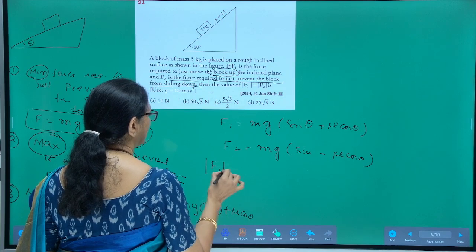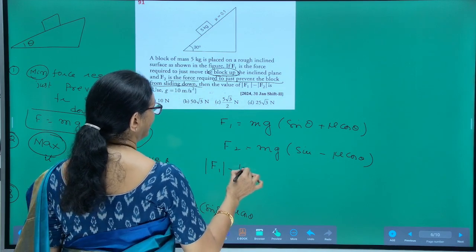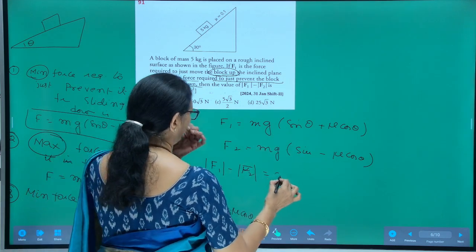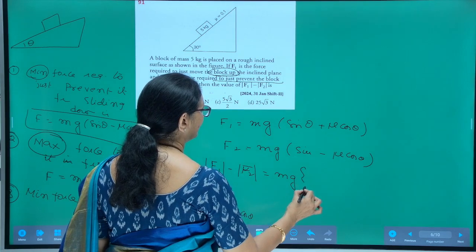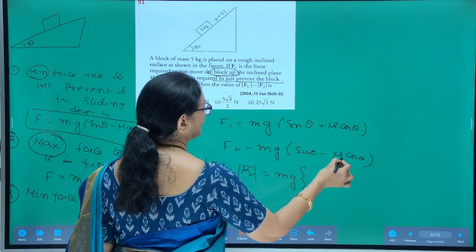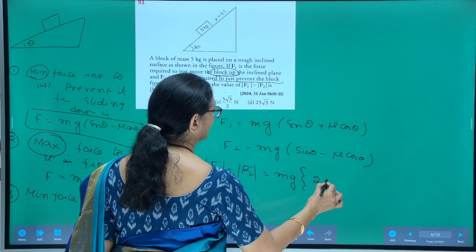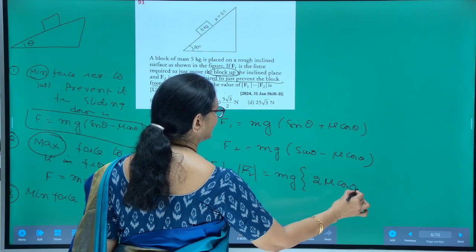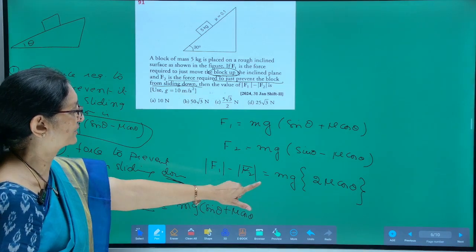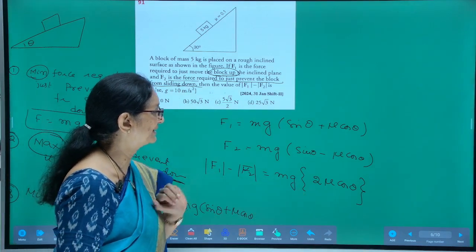So, modulus of F1 minus modulus of F2 will be, if you take mg as common factor, sin theta minus sin theta gets cancelled, mu cos theta minus of minus becomes 2 mu cos theta. So, the difference between those two forces magnitude is that much.